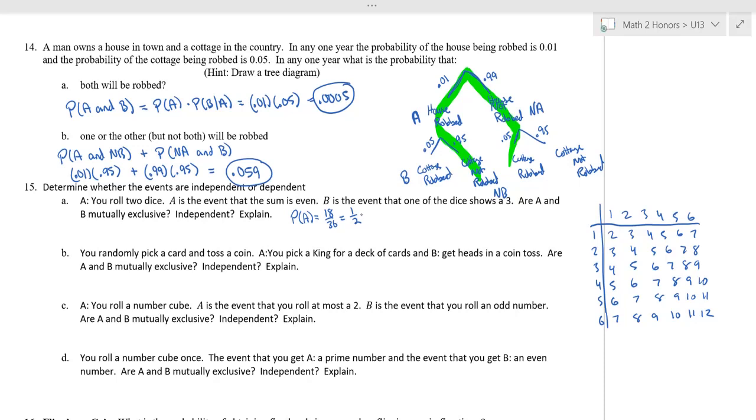B is the event that one of the dice shows a 3. Just one of them. So what's the probability of A and B? So it's an even sum, and one of the dice shows a 3.